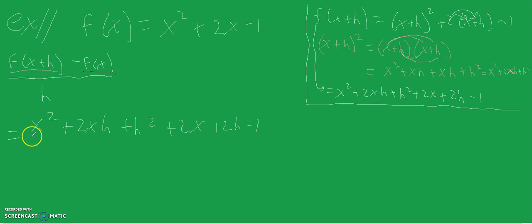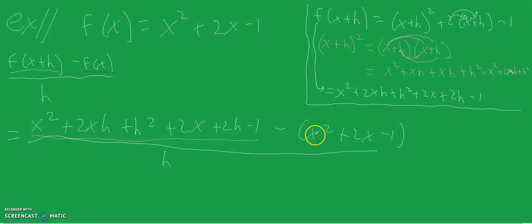And I'm going to underline this in pink because that's f of x plus h. Now I need to subtract f of x, which is right here. So put that in parentheses because I have to make sure I distribute. And then I divide everything by h. And this was in burgundy, so I'm going to underline that piece.